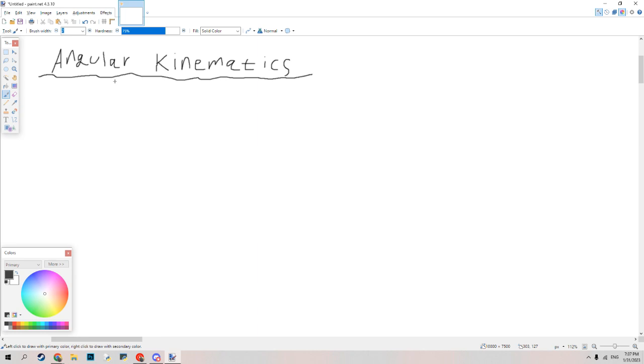And just to start off, I think it may be best for us to consider what we know about linear kinematics first. Just a quick review, it's basically a sort of system, for lack of a better word, that we use to calculate motion. For example, it deals with acceleration, velocity, and distance, or meters.